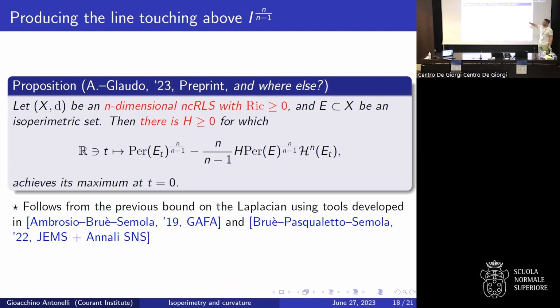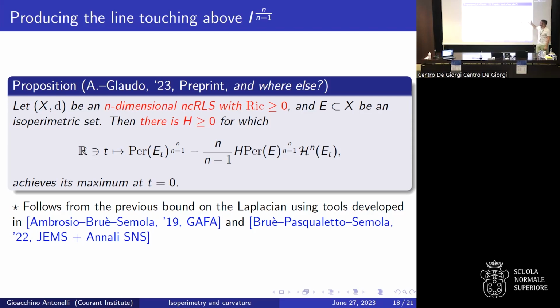But this is something that we explicitly wrote in this recent work with Glaudo. The fact is that as a consequence of those Laplacian lower and upper bounds on the sets, you can integrate this using a Gauss-Green formula and some ODE argument to show that this quantity has a maximum at t equals 0. What is this quantity?